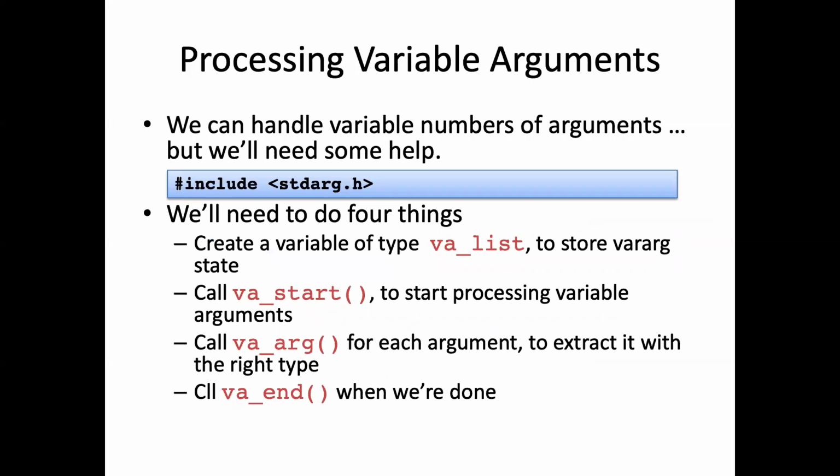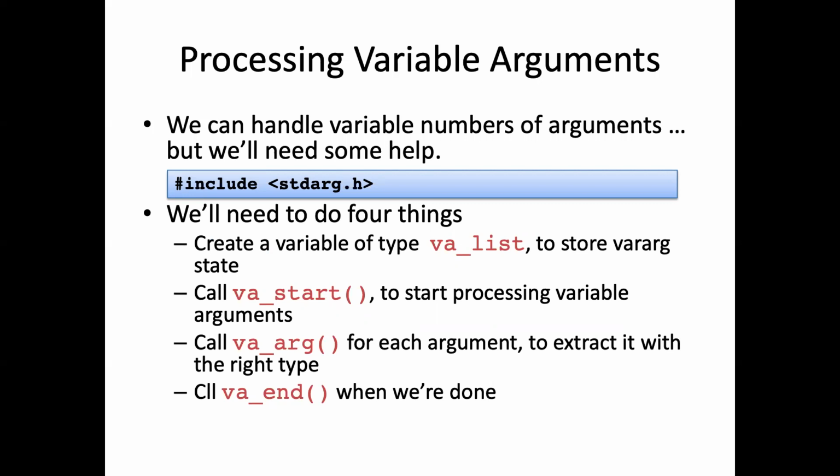There's a header stdarg.h, standard arg, that is made for helping to parse variable number of arguments. When you include this, you get 4 macros that are defined that are made for letting you extract command line arguments in a portable way.